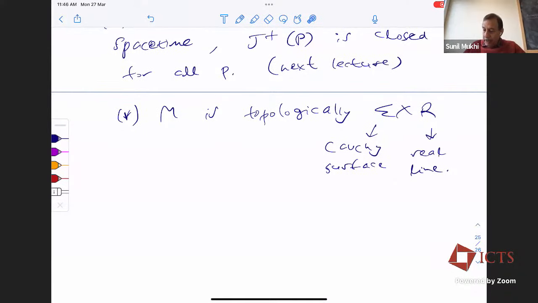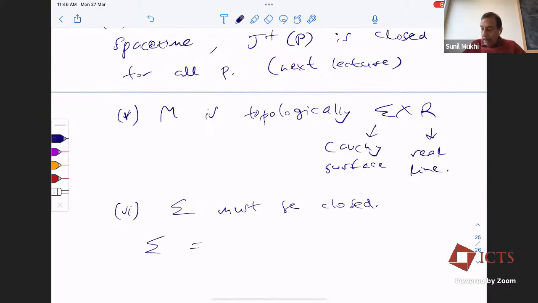And finally, 6. I think this is what Krishna wanted me to prove, and I think now I can prove it. Sigma must be closed. This follows from the previous one, because sigma is the same as sigma times an arbitrary point in R, which I can just call the point 0.